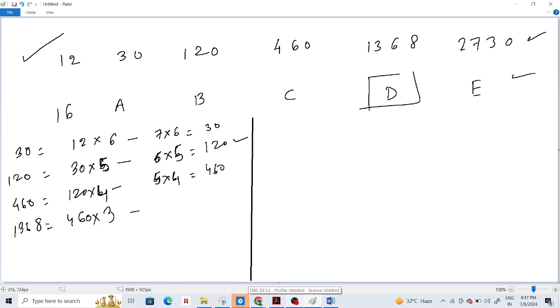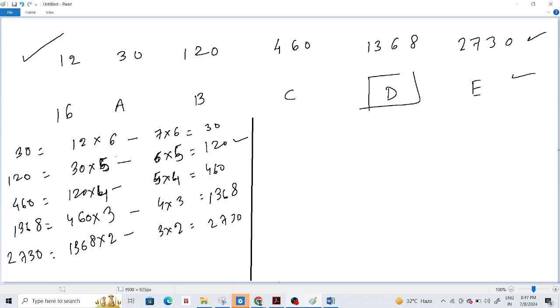So 460 into 3 minus 4 into 3. 460 into 3 is 1380, minus 12 will give you 1368. And then 2730 is going to be 1368 into 2 minus 3 into 2.